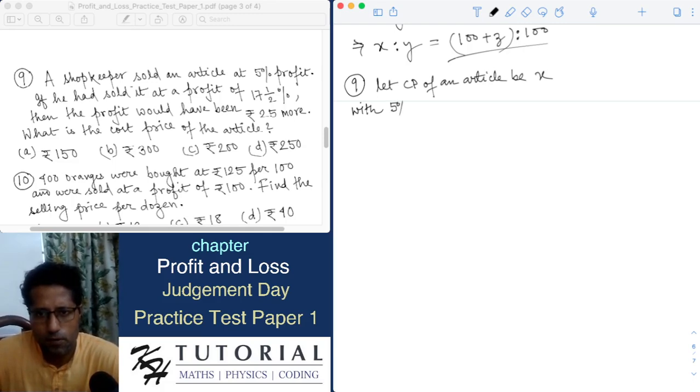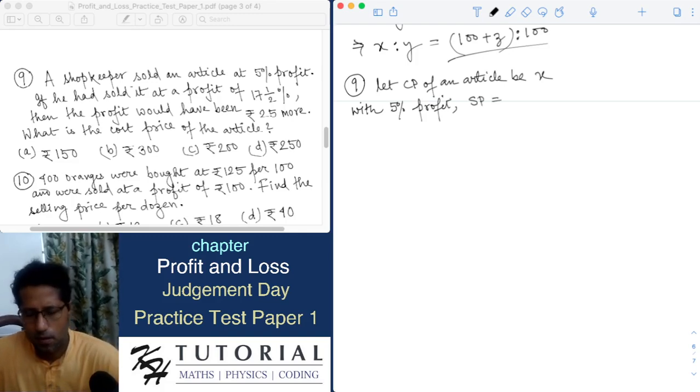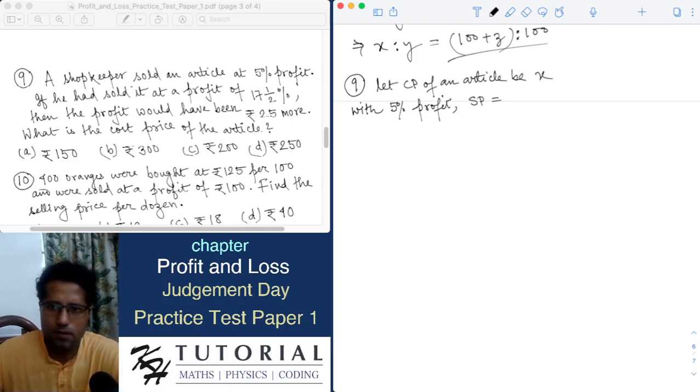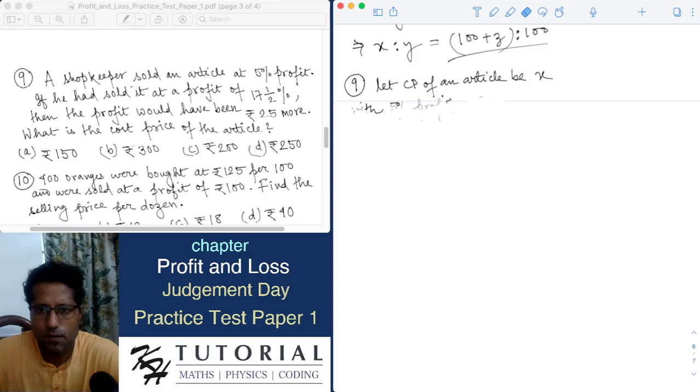It is saying that if he had sold it at a profit of this percent, then the profit would have been rupees 25 more.